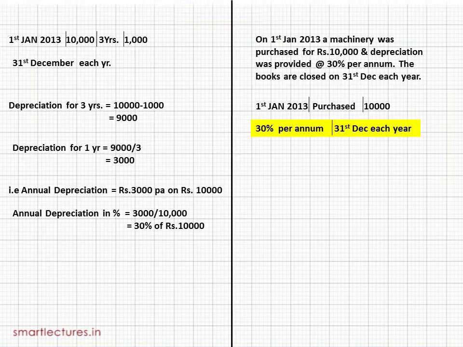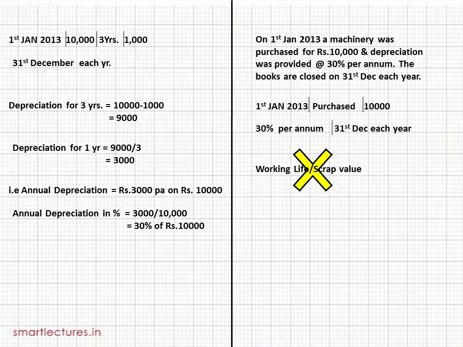If the depreciation is provided in percentage, we don't need any working life or scrap value, because we need the working life or scrap value only for the purpose of calculating annual depreciation. But annual depreciation is already there in percentage, so we don't need all these things.